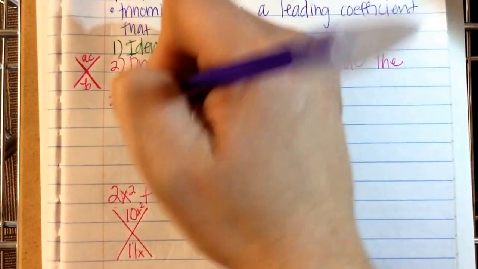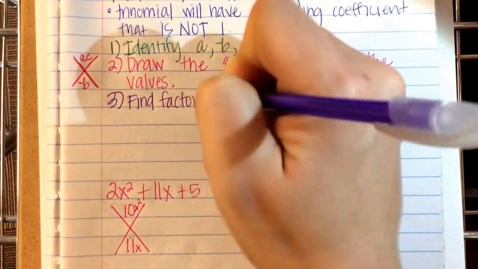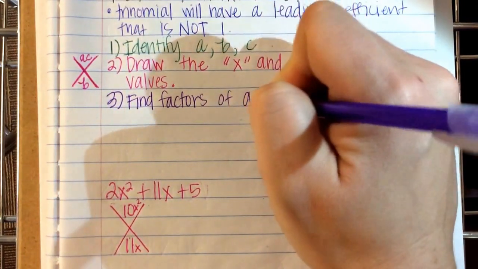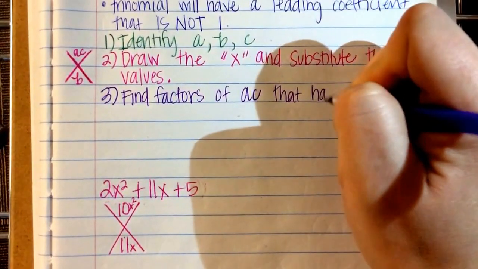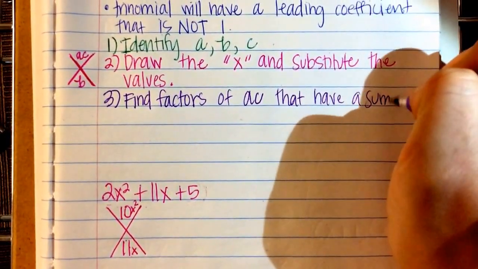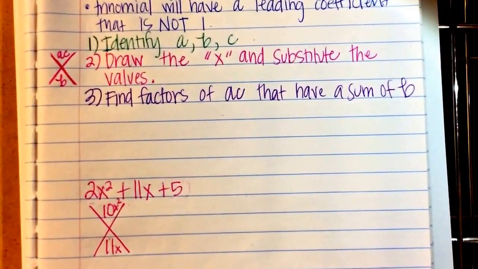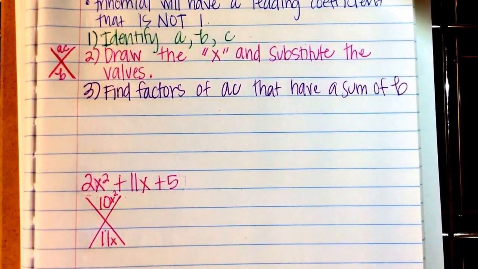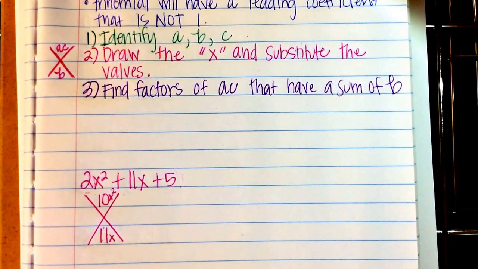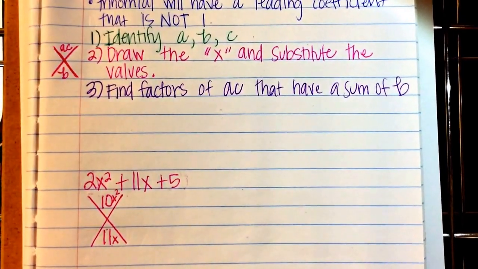Step 3. Find factors of AC that have a sum of B. Same thing like we did yesterday, except instead today we had to do A times C. So I'm looking.